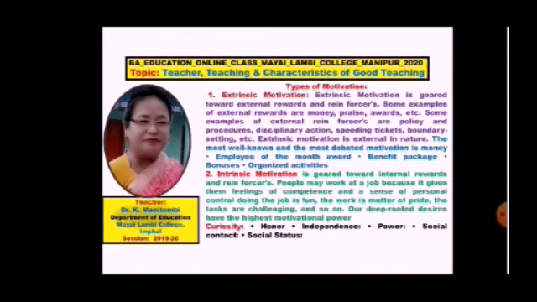Extrinsic motivation is external in nature. The most well known, the most debated motivation is money. So the employee of the month award, benefits and packages, bonuses and organized activities, and so on.